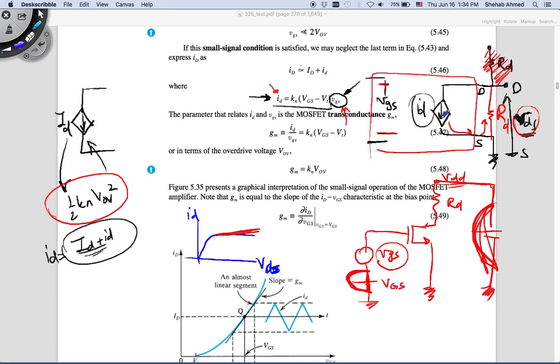So this is no longer an ideal current source with an infinite output resistance. It has an R output here as well. Right, so now this becomes my small signal model, and see the effect of adding this output resistance is a reduction in the output voltage. Since the parallel combination will be smaller than both of them, it's the same current that's flowing, but I've reduced the resistance by putting the resistors in parallel, so I've reduced my output voltage. That's the effect of this channel length modulation here. So that's something to consider.